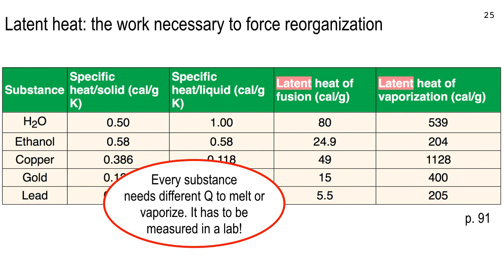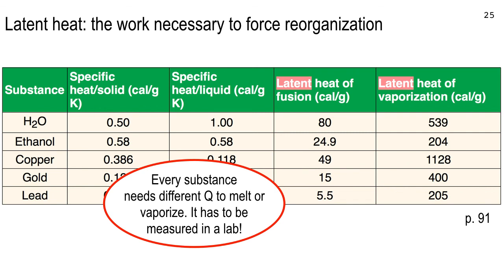So for every gram of ice that you have at 273, all right, you're at the melting point, but you need more energy to bust up the bonds. You've heated it up to 273 Kelvin. Now you need 80 more calories for every gram. So this is gram for gram. Water takes 80 calories to melt.